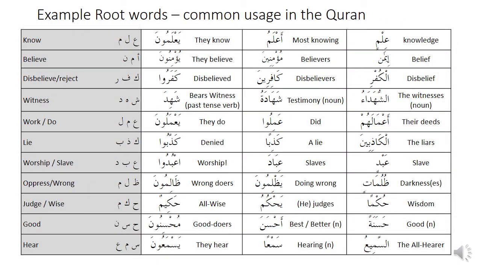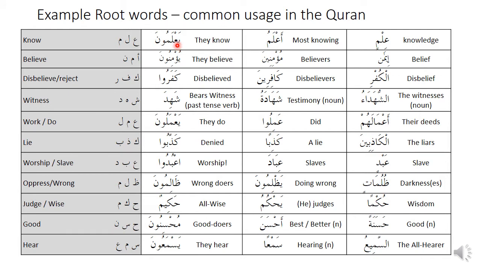So these are some more examples of some of the root words and their common usages. The good news is a lot of the words occur a limited number of times. So the forms include nouns. You can see here for these root words, there's a lot of usage of them as nouns. So knowledge, belief, disbelief.